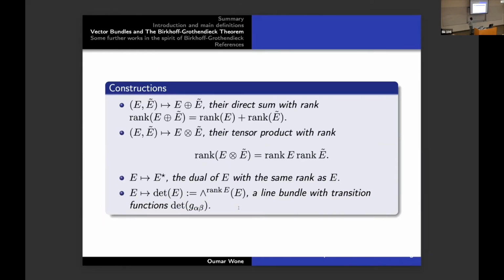Now we can do similar work as we did in the case of line bundles. Given vector bundles, we can construct their direct sums. We can also construct their tensor product. Given a vector bundle, we can take its dual, and we can also define the determinant of a vector bundle.